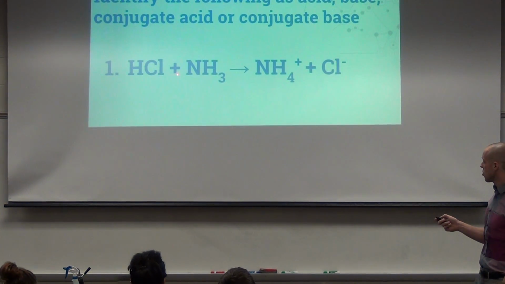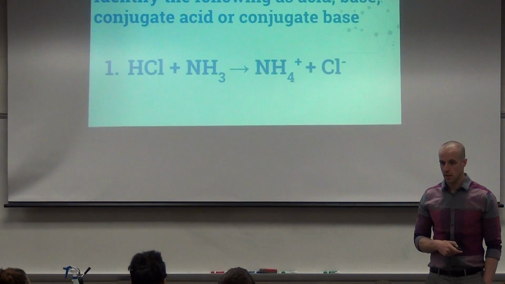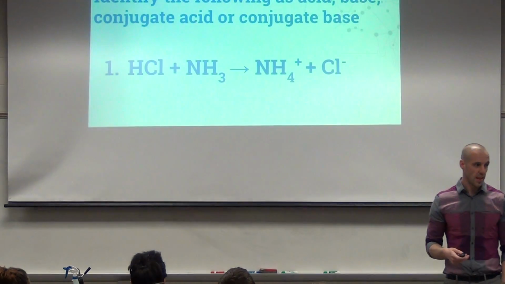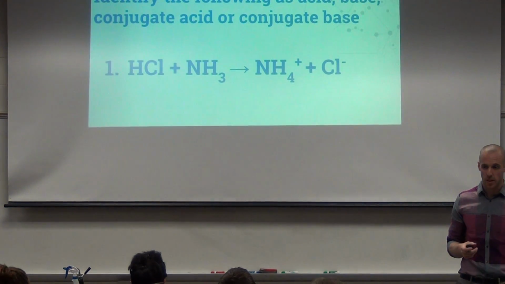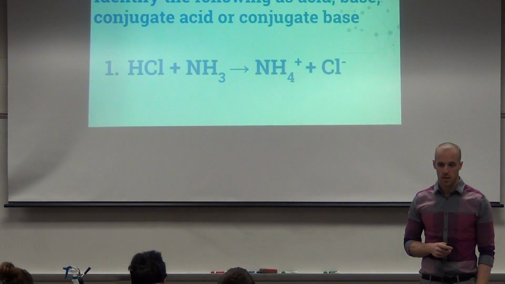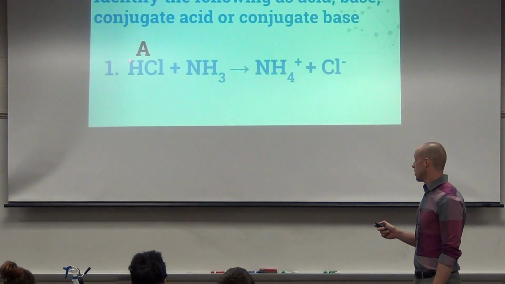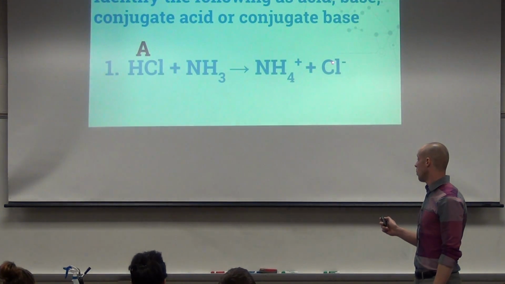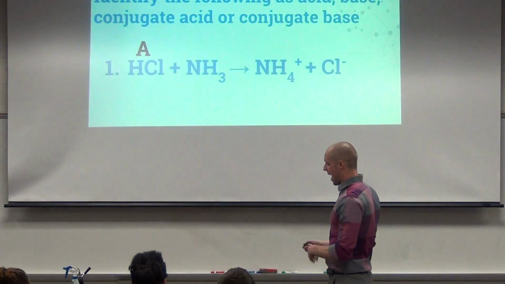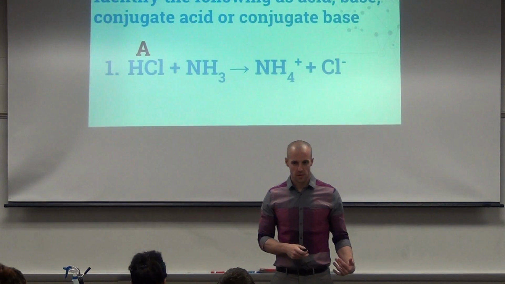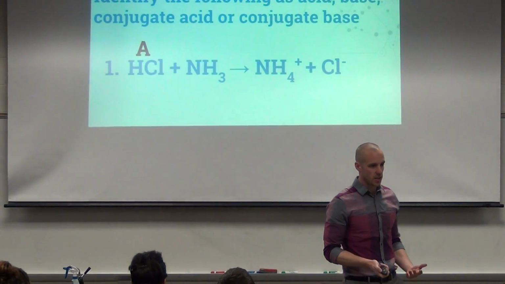So if you look at HCl, is it gaining or losing a hydrogen from the left to the right side? It's losing, which means that we can say that it's donating hydrogen. So the thing that donates the hydrogen is called what? The acid. What is chlorine, the thing called after it's donated? That's called the conjugate base.